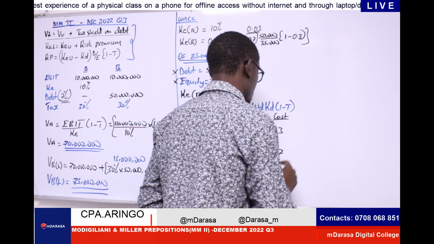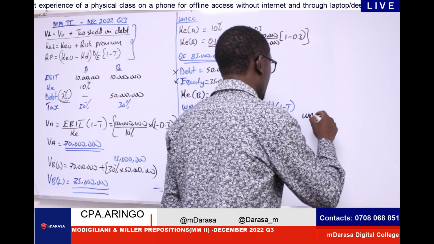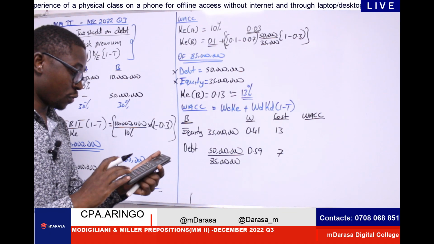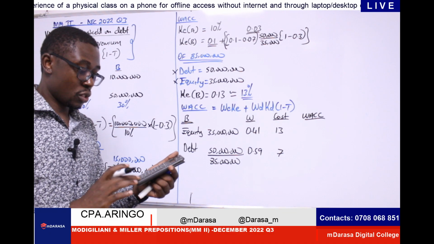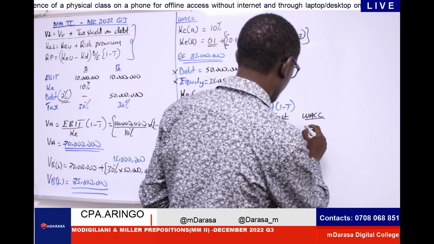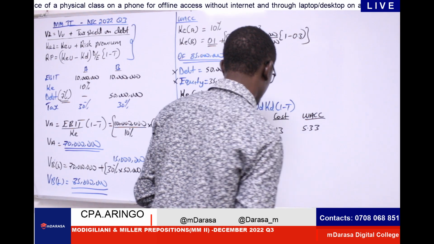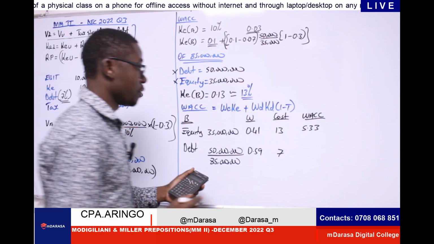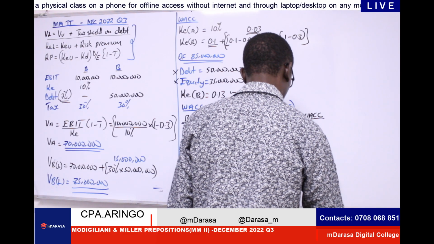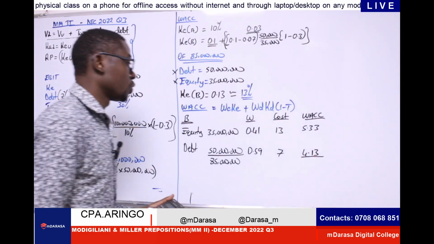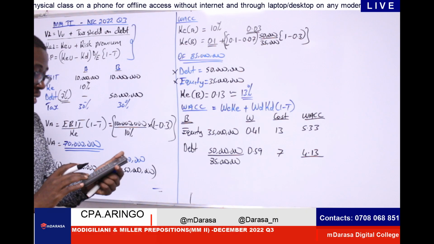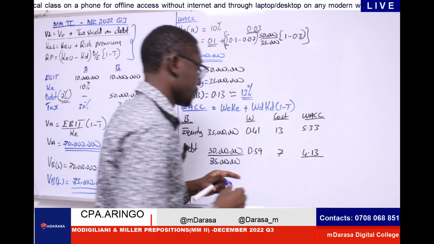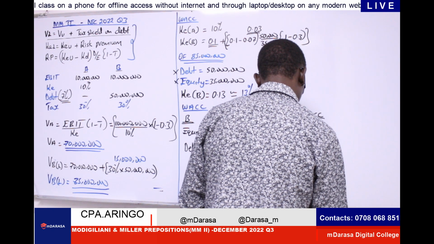So in this case, what will be our combined cost? I should be having 0.41 multiplied by 13 to give us 5.33. 0.59 times 7 should give us 4.13. So to determine the combined cost, plus 5.33, this should give us 9.46%.